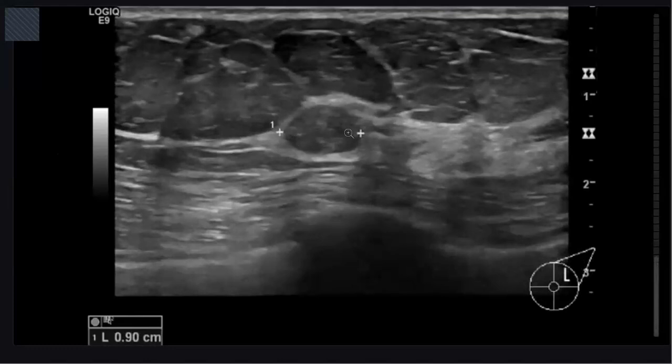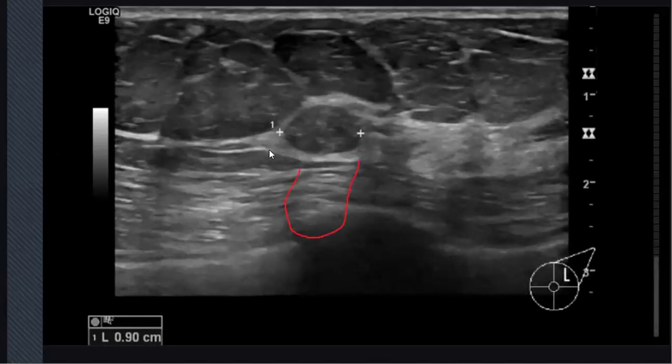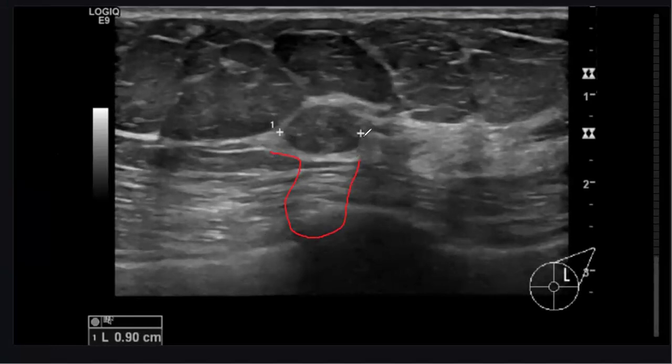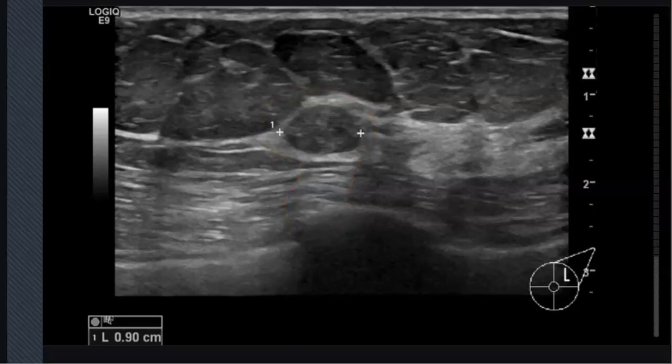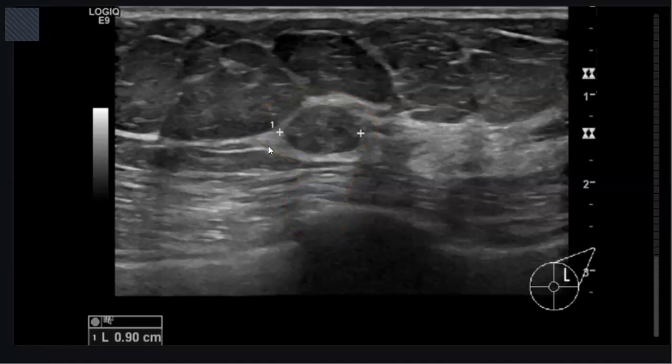Here it also shows some back enhancement, likely fibroadenoma, and this case may need follow-up. If you are in the exam, you can ask for 6 months follow-up for this lesion. However, it is likely a benign lesion. By the way, this patient had a fine needle aspiration biopsy, and it is confirmed to be fibroadenoma.